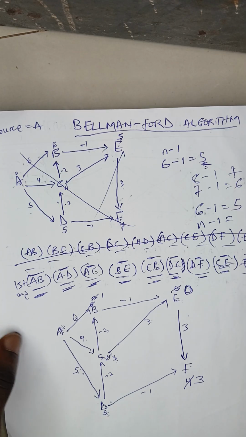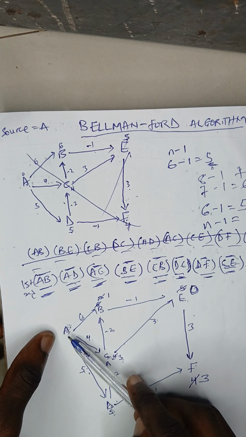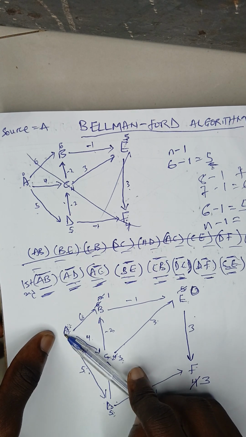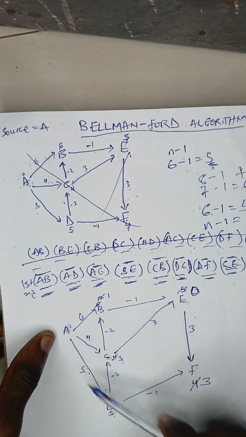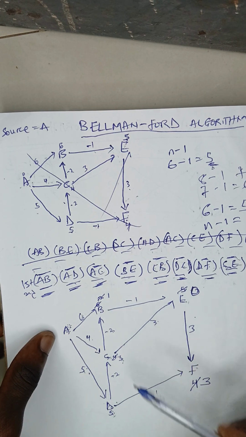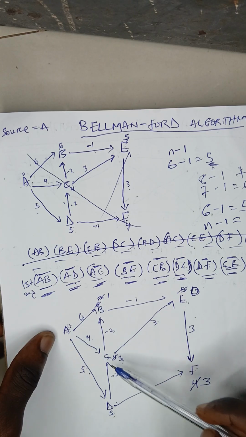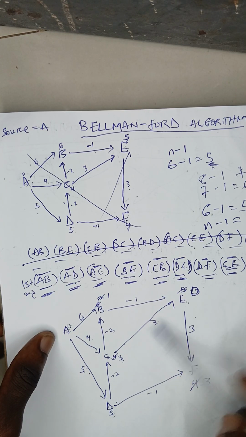You go over the fourth iteration. Let's go over the fourth iteration. A, B, 0, 6. This is good. AD. 0, 5, 5. AC. 0 plus 4. But here is 3. So here is good.